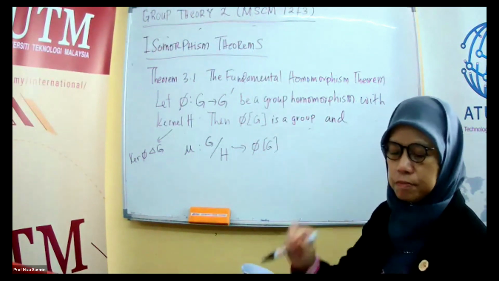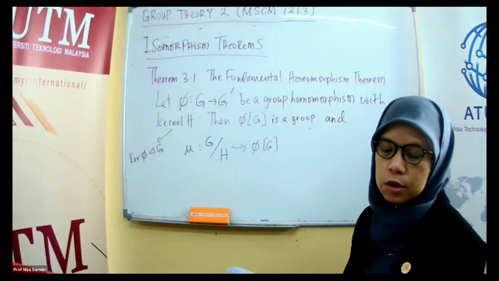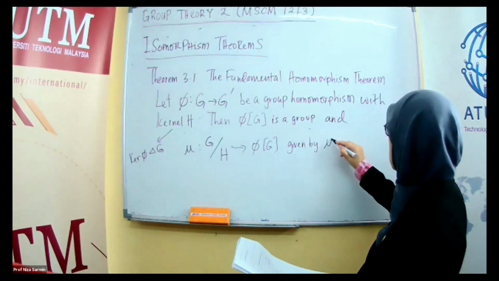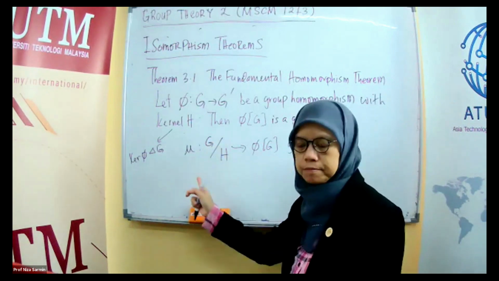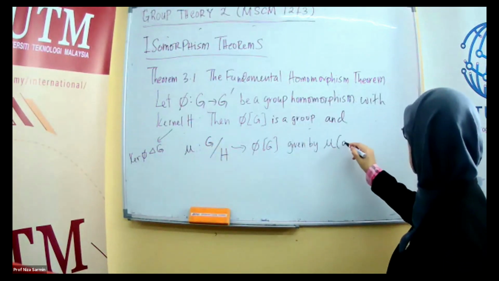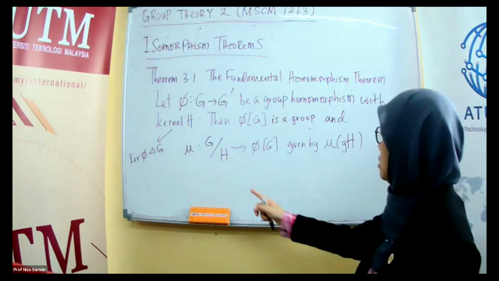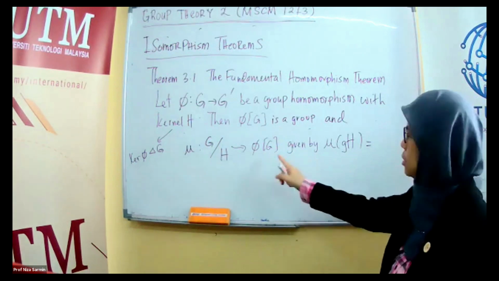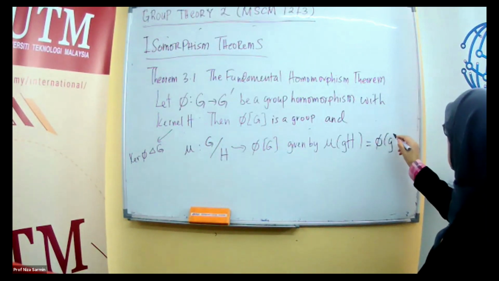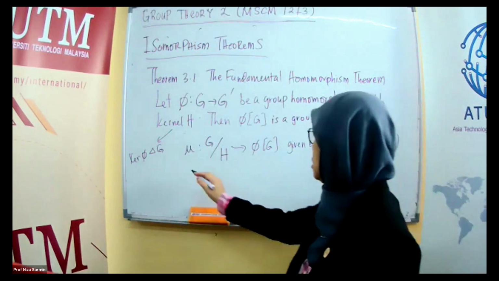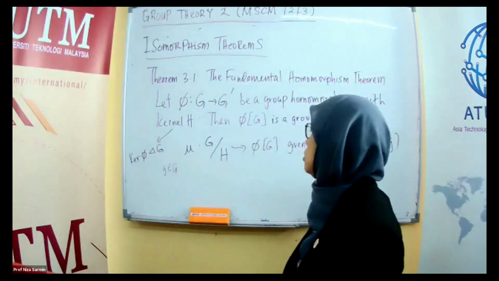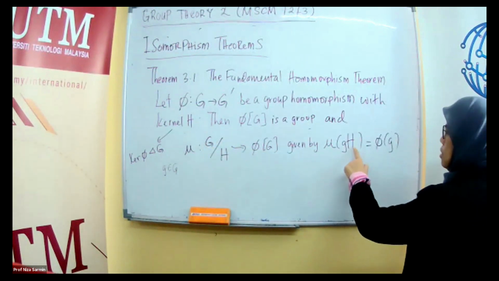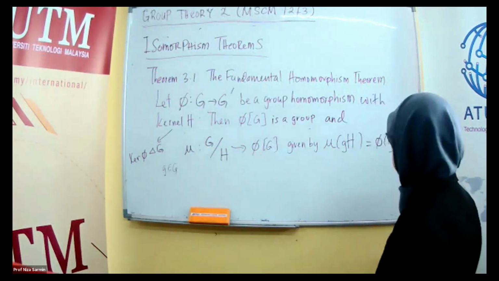Then this is a group, and mu is given by, okay, now this is a coset, right? And this is an image. So if we take g in G, the element here is the coset and here is the image.